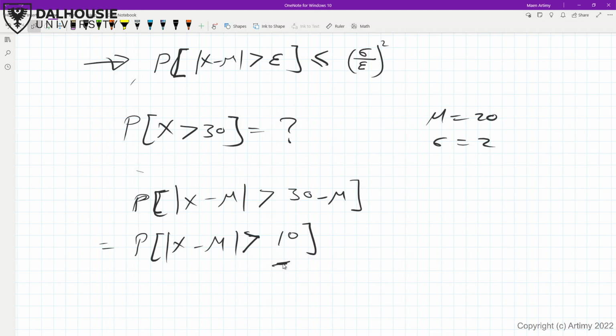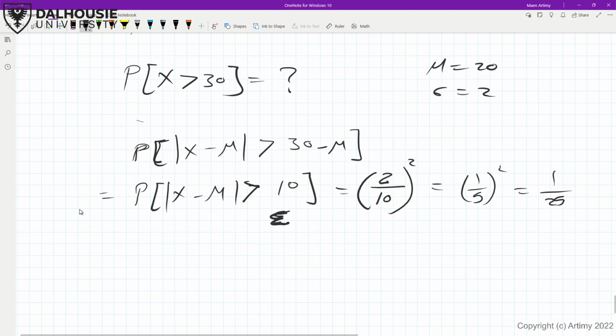If you compare this with this function, this is epsilon. So I got my epsilon. Now sigma is 2 divided by epsilon, 10, squared. So this is 1 over 5 squared, or 1 over 25.